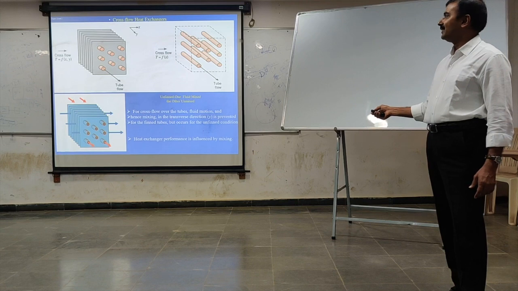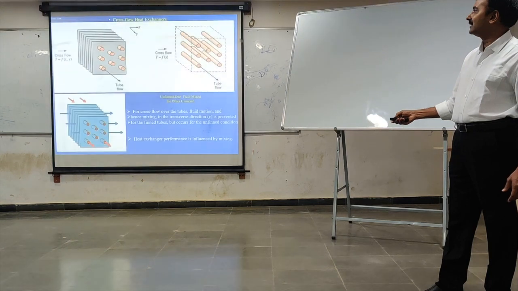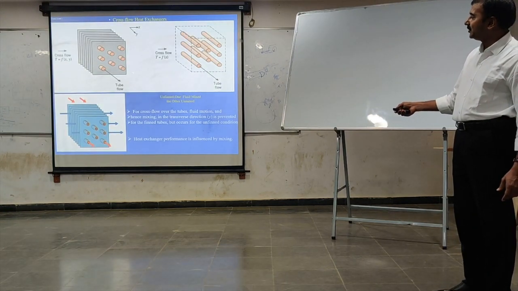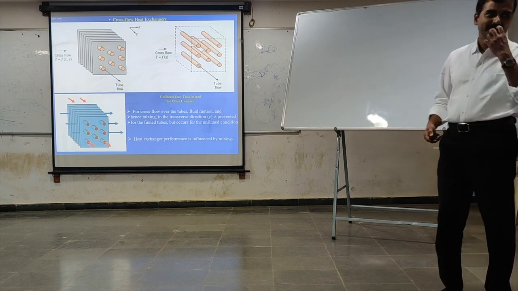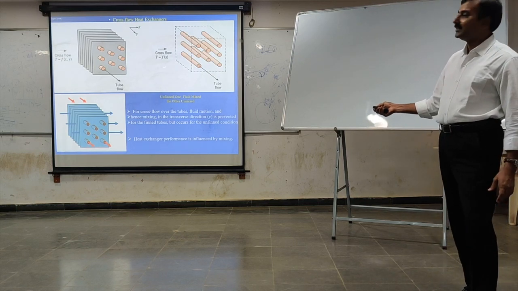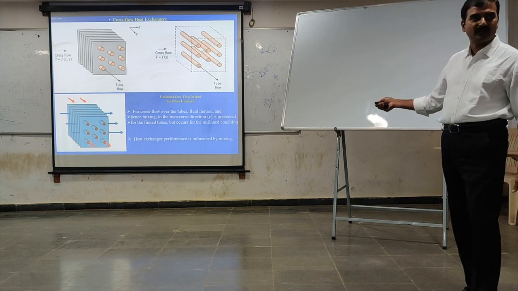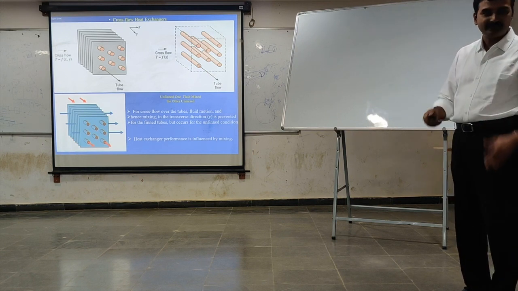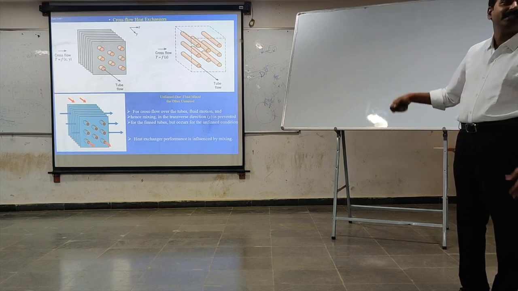Now, what's the difference between these two? Both look the same, but the difference is that the fluid flowing in the tube and the fluid flowing outside are not mixed. They are unmixed. Whereas here, the one fluid flowing through the tubes is not mixed. Each layer of fluid is moving in its own path, whereas the fluid moving in the perpendicular direction is mixed.